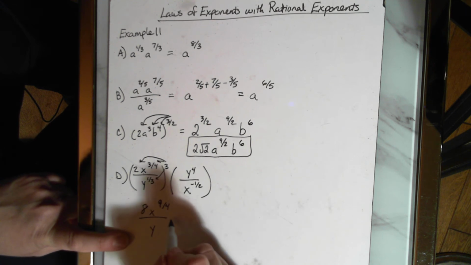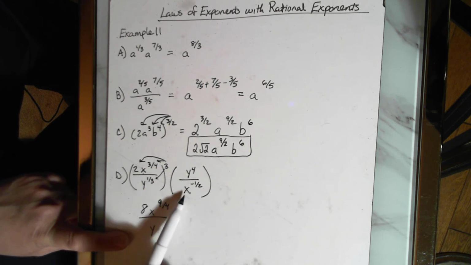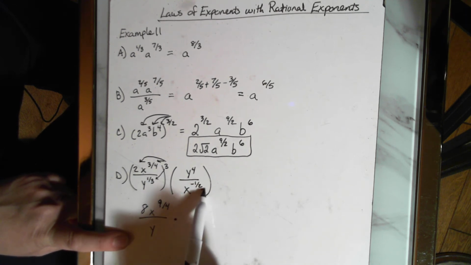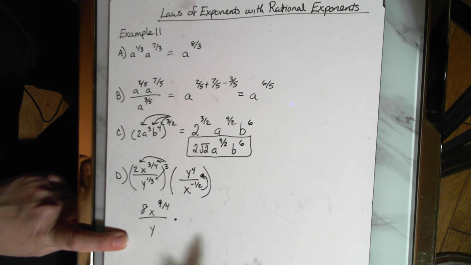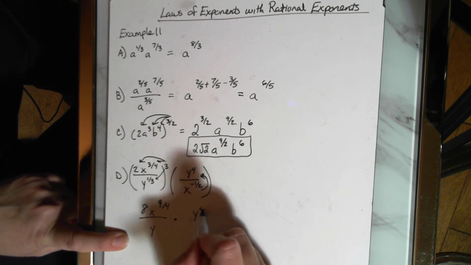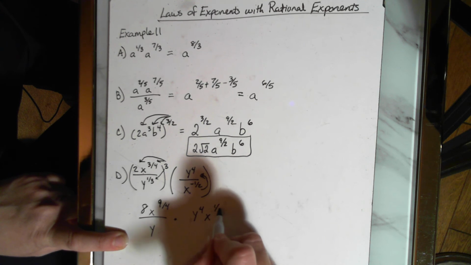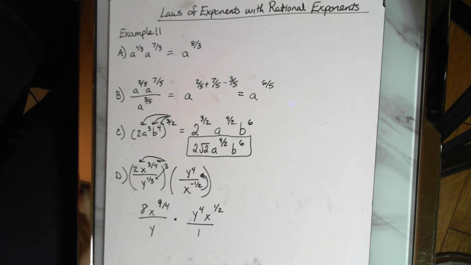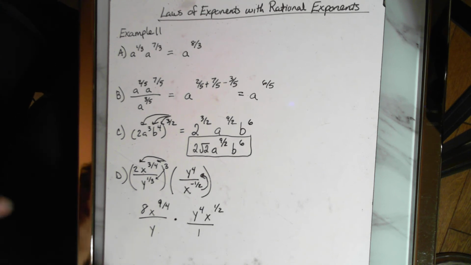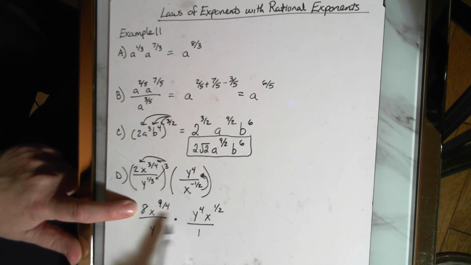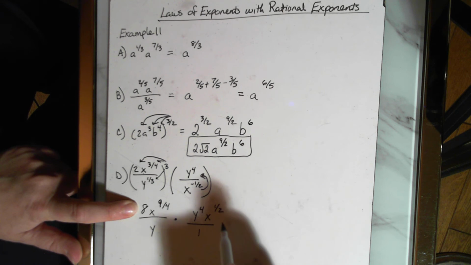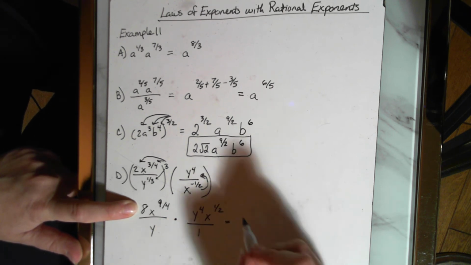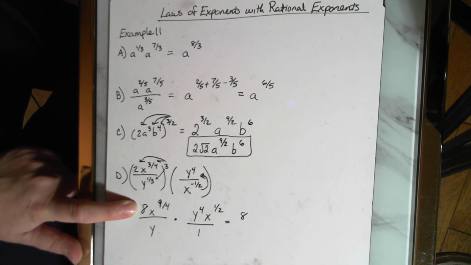Now my other fraction, this negative exponent means this thing gets moved to the top. So it's y to the 4th times x to the 1/2 there, all over 1. Now I can use my fraction multiplication. There is nothing that is like this 8, so it can't reduce, it can't multiply by anything, so I'm just going to keep the 8 here.